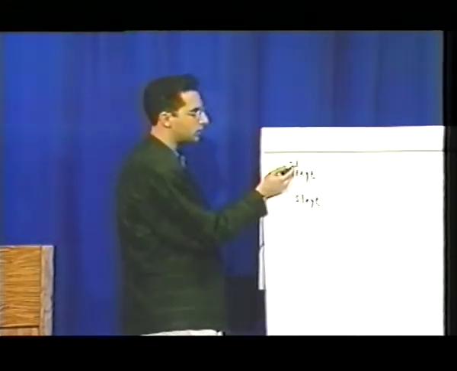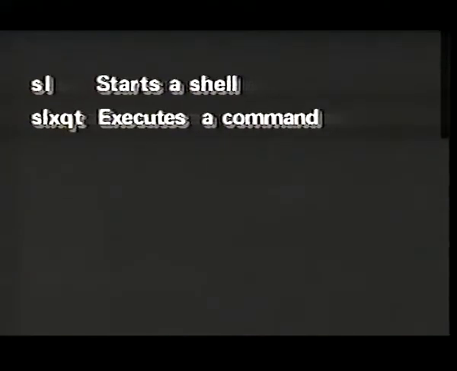The difference between the two is SL is intended to start a shell, and SLXQT just executes a command. So if I wanted to start a daemon, and this is a local daemon, remember, there's networking daemons and regular daemons.